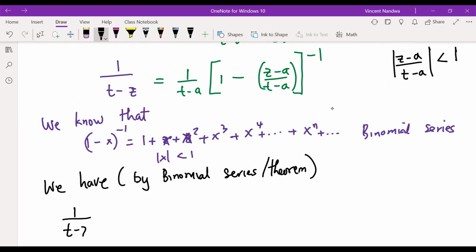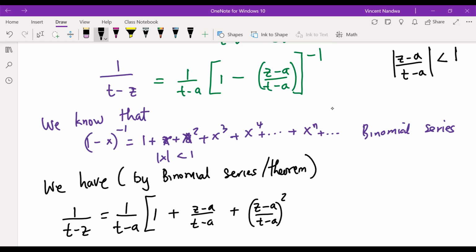1 over (t minus z) will be 1 over (t minus a) into, so here the role of x is taken by (z minus a) over (t minus a), so we have 1 plus (z minus a) over (t minus a) plus ((z minus a) over (t minus a)) squared plus ((z minus a) over (t minus a)) to the power 3 plus ((z minus a) over (t minus a)) to the power 4 plus several other terms.